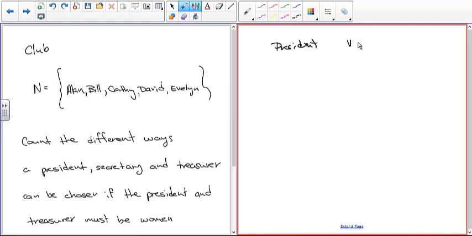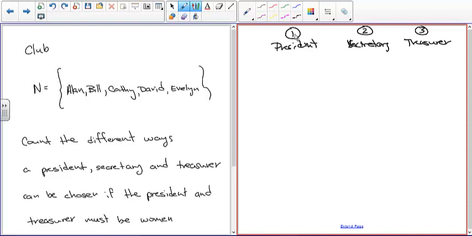Choose a secretary. Secretary and treasurer. Okay, so that's step 1, step 2, step 3. And you may think, well, does it matter which order I do these? Does it matter if I choose secretary first or treasurer? And the answer is no, in terms of the number of different possibilities.